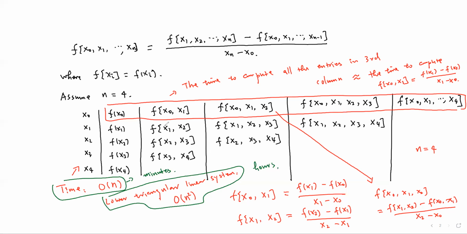Okay. Let me show you one example about this table, so that you can understand how powerful this notion, divided differences, is. Take a look at one example. Example 1.